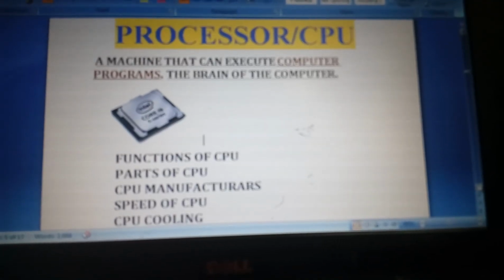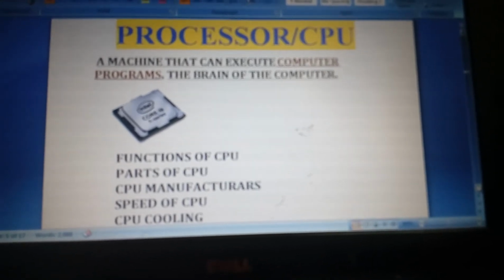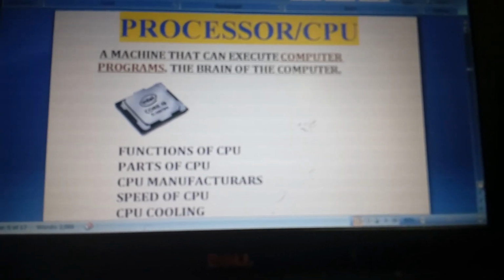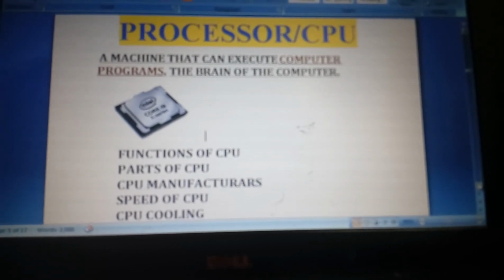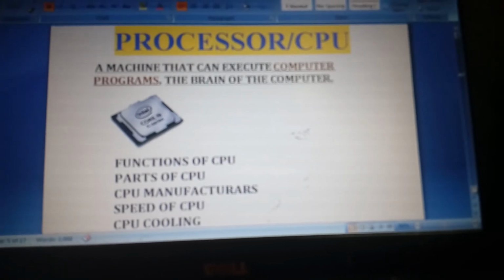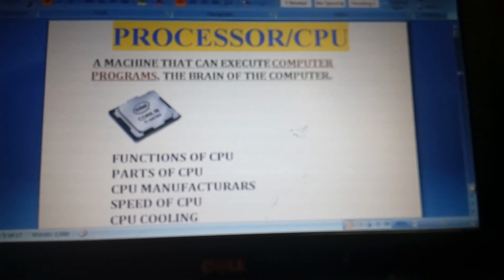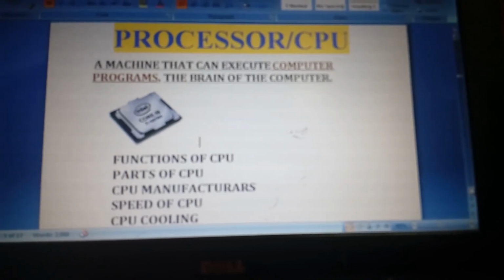The processor or CPU is a processing device of the computer, and we can say the brain of the computer is the CPU. It processes input, output and all the storage devices and produces output.